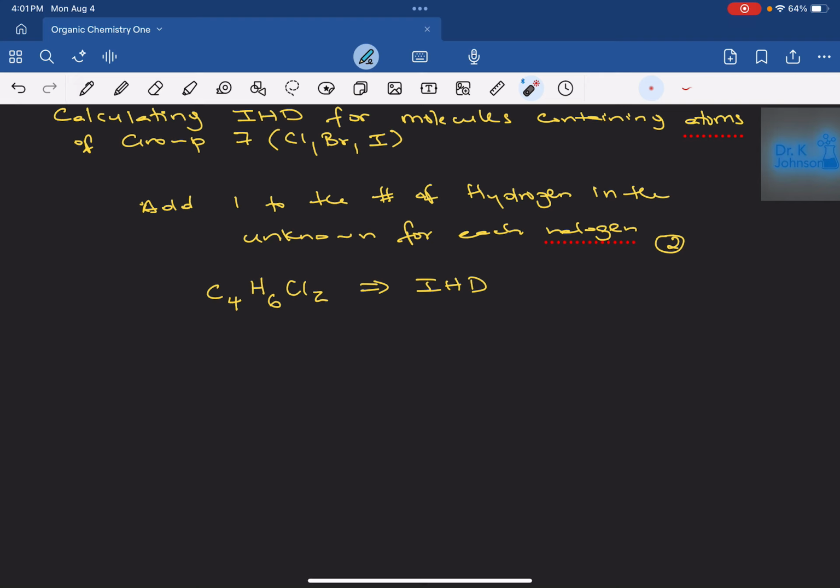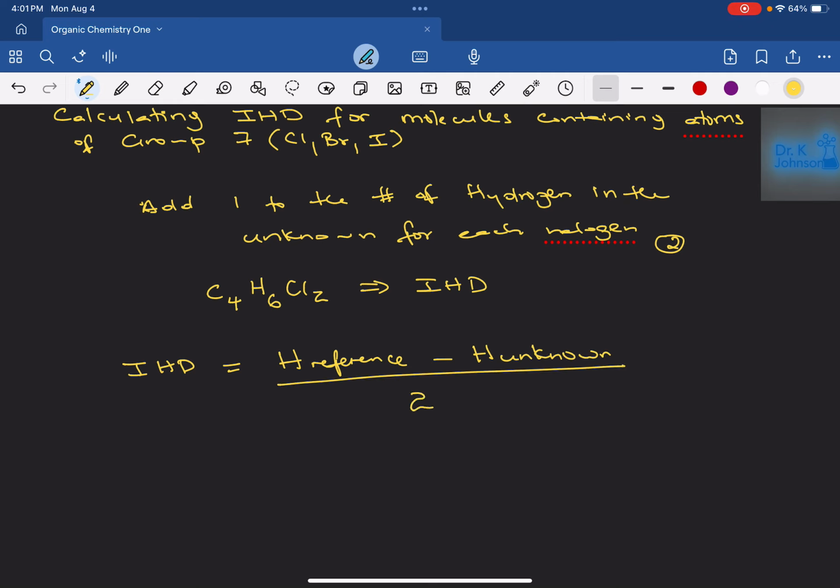So let's look at how we would do this. Index of hydrogen deficiency is equal to hydrogens in your reference minus the number of hydrogens in the molecule that's given, which is called your unknown, divided by 2, right? Remember the hydrogens in your reference come from your alkane, molecular formula CnH2n plus 2.